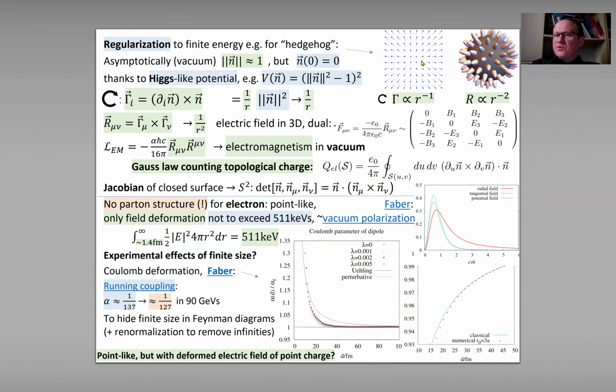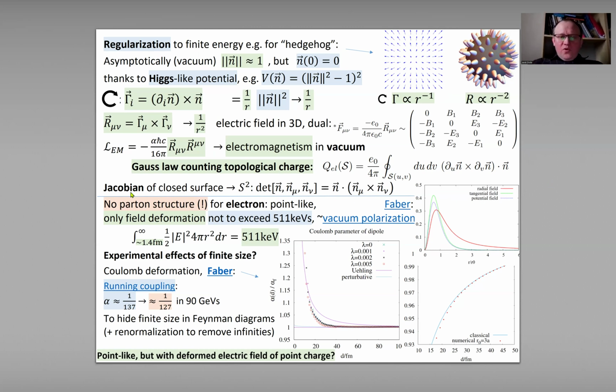However, they can be deformed to, let's say, a zero vector in the center to avoid the singularity, thanks to the Higgs-like potential. From an energy perspective, here is this radial field which would go to infinity without the regularization. But thanks to regularization, there appear these two different fields. One is this potential field, and the second is the tangential field, whose derivative is for the change of length of this vector. Yes, it also appears.